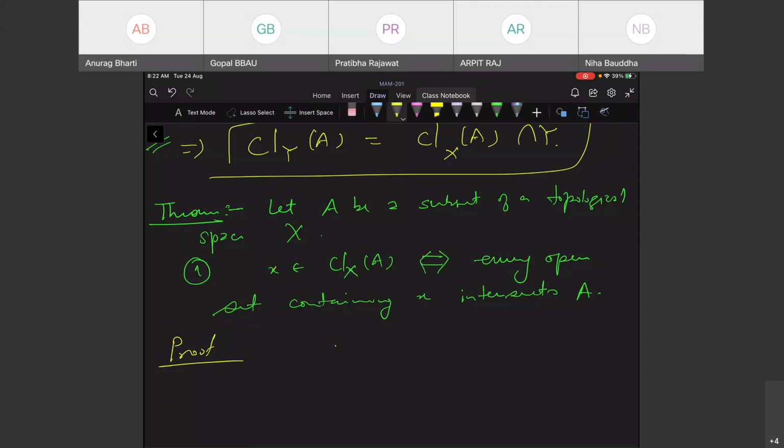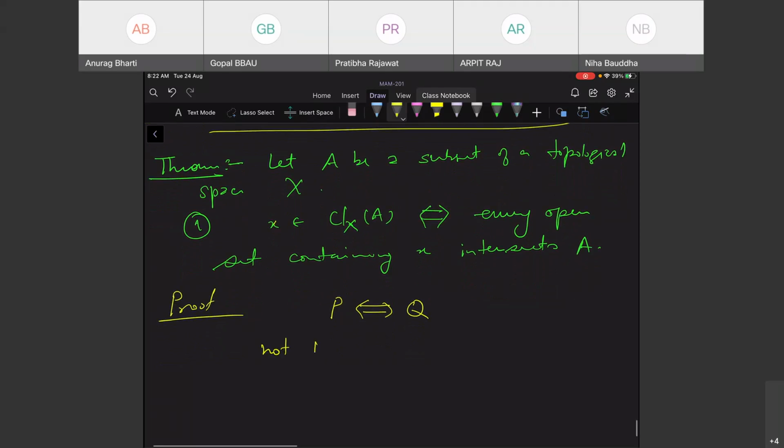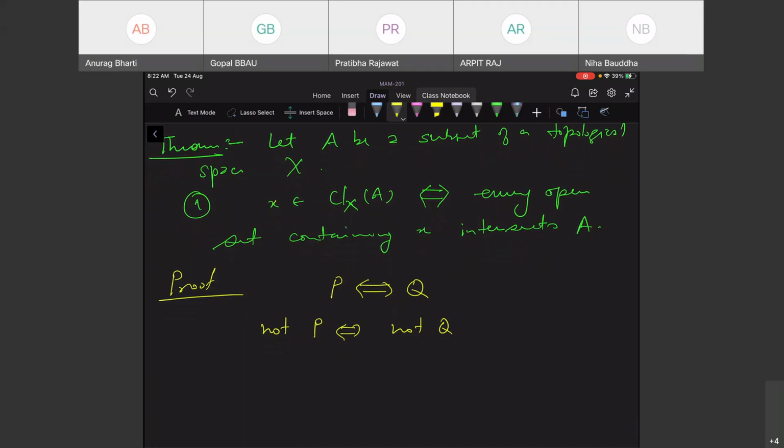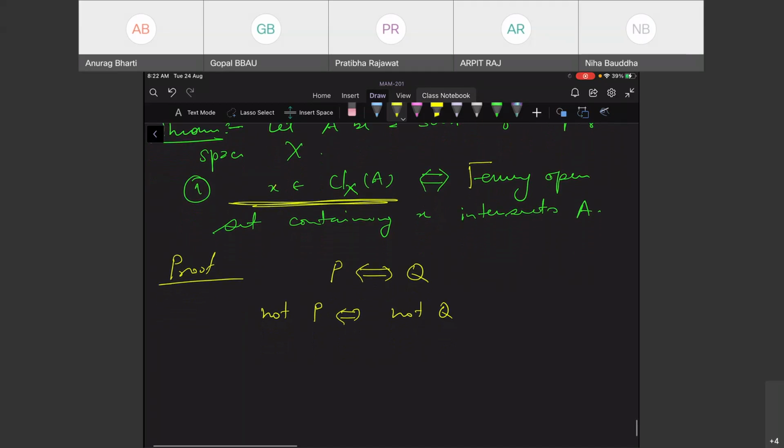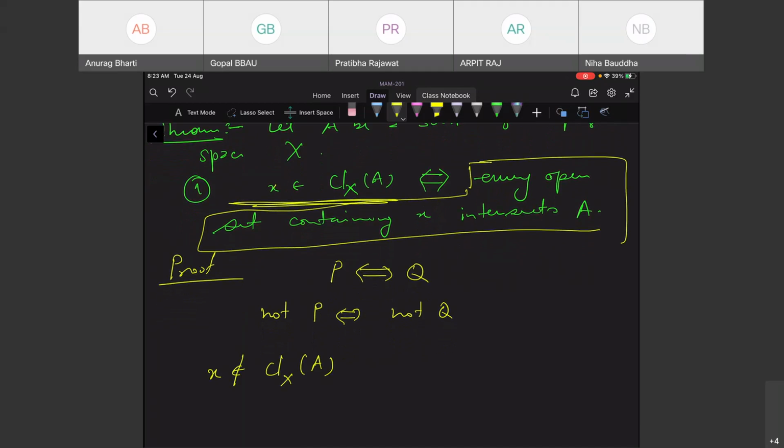This is of the form P if and only if Q. What we will prove is not P if and only if not Q. So what is the contrapositive of the left hand side? x in closure of A in X. The contrapositive is x not in closure of A in X. And what is the contrapositive of this part, that every open set containing x intersects with A?